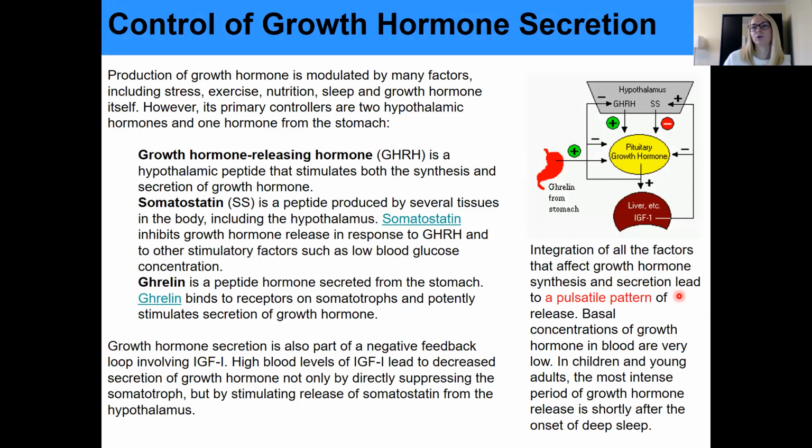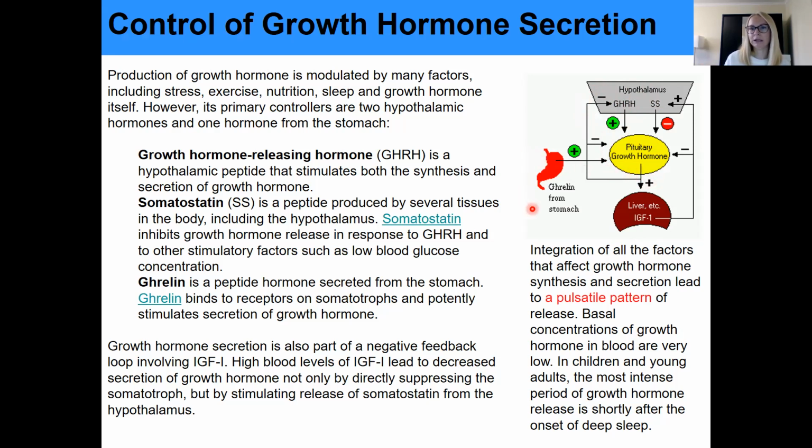How can the level of growth hormone secretion be controlled? So what are the stimulatory factors? First one is growth hormone releasing hormone that is released from the hypothalamus, which can stimulate the anterior pituitary to synthesize more growth hormone.